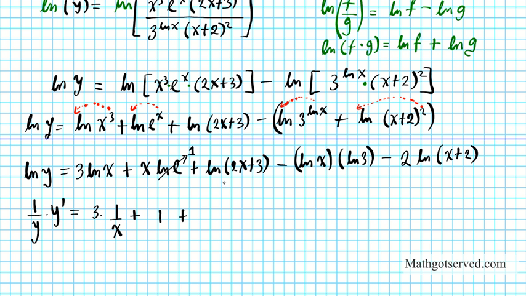The derivative of the natural log of 2x plus 3 is 1 over 2x plus 3 times the derivative of the inner function, the linear function 2x plus 3, which is just 2, minus, here you might think to use the product rule, but that's not necessary because this is a constant, so we just factor that out. And then we differentiate ln x, which is 1 over x.